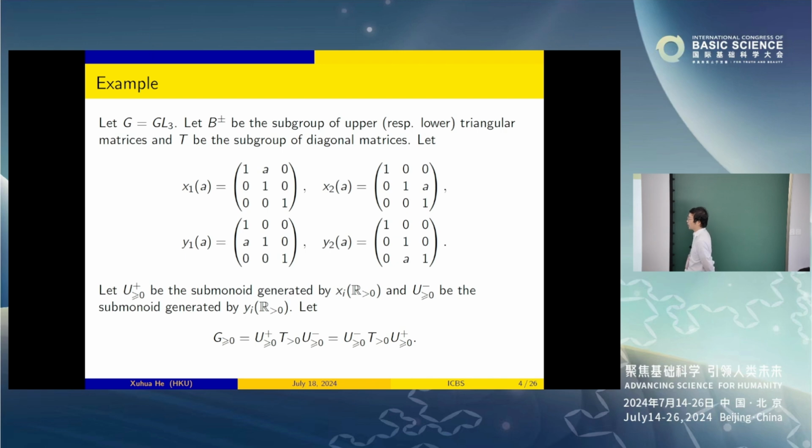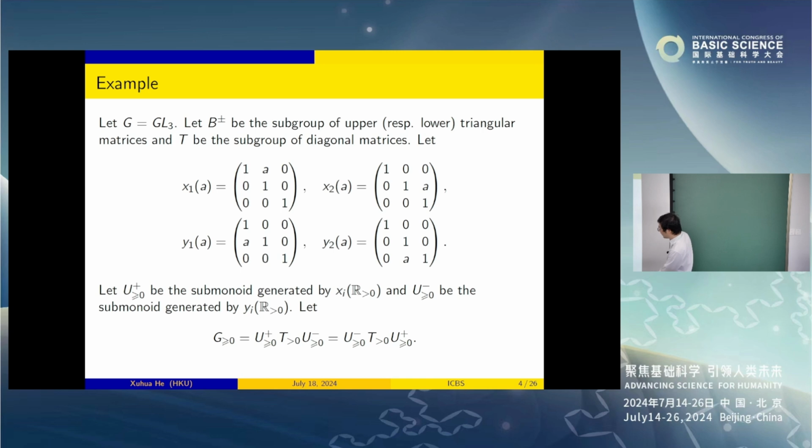We have the basic blocks x_i and y_i. We talk about the generators and the relations among these generators. There are a bunch of relations between the x's, the y's and the t's.